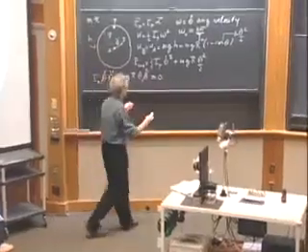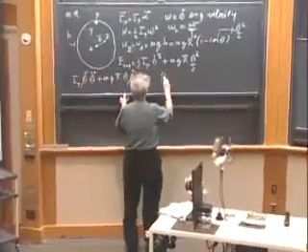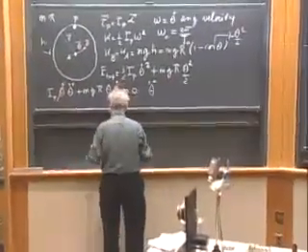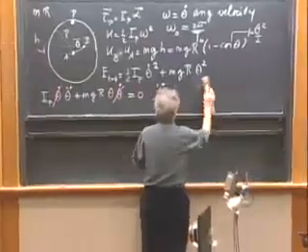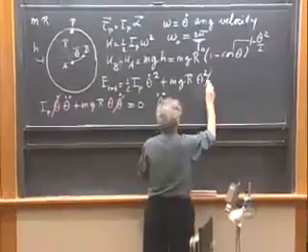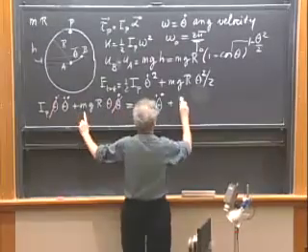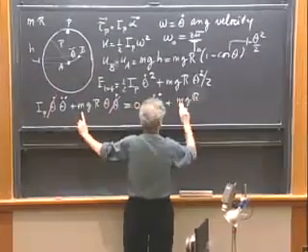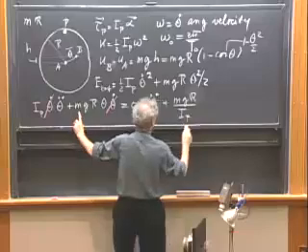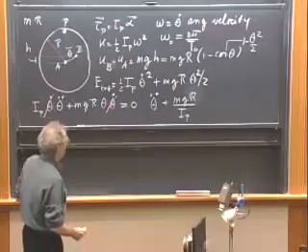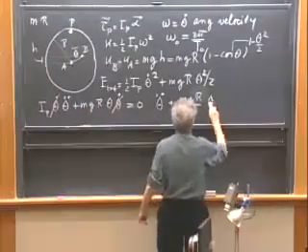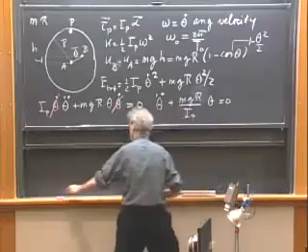And so your differential equation takes on now a very familiar form. Let me write this 2 here. So I get theta double dot plus mgr divided by I_P times theta equals 0.